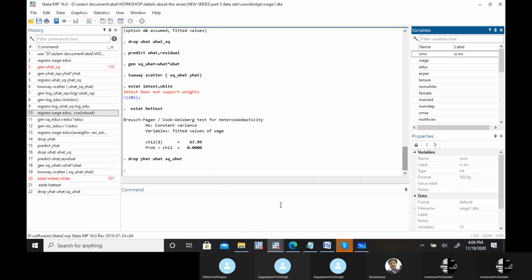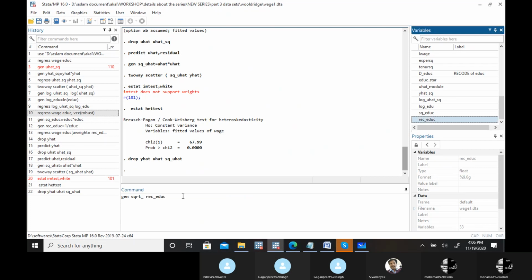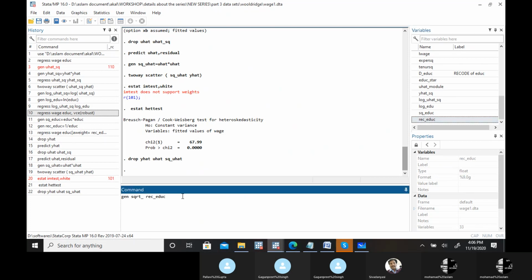And now what we need is the reciprocal and its square root value, right? So generate square root of the original value.